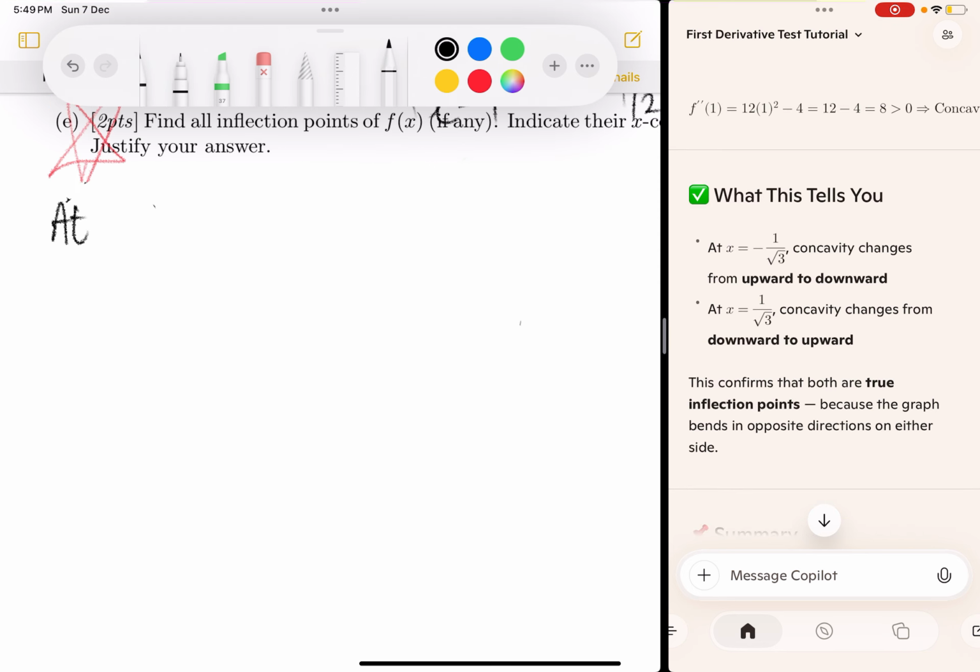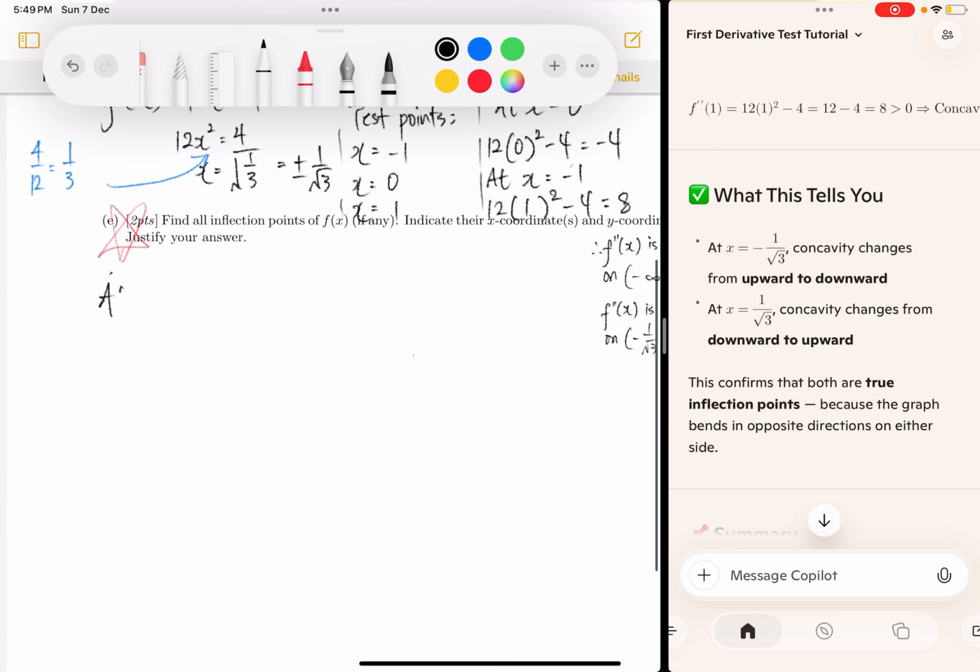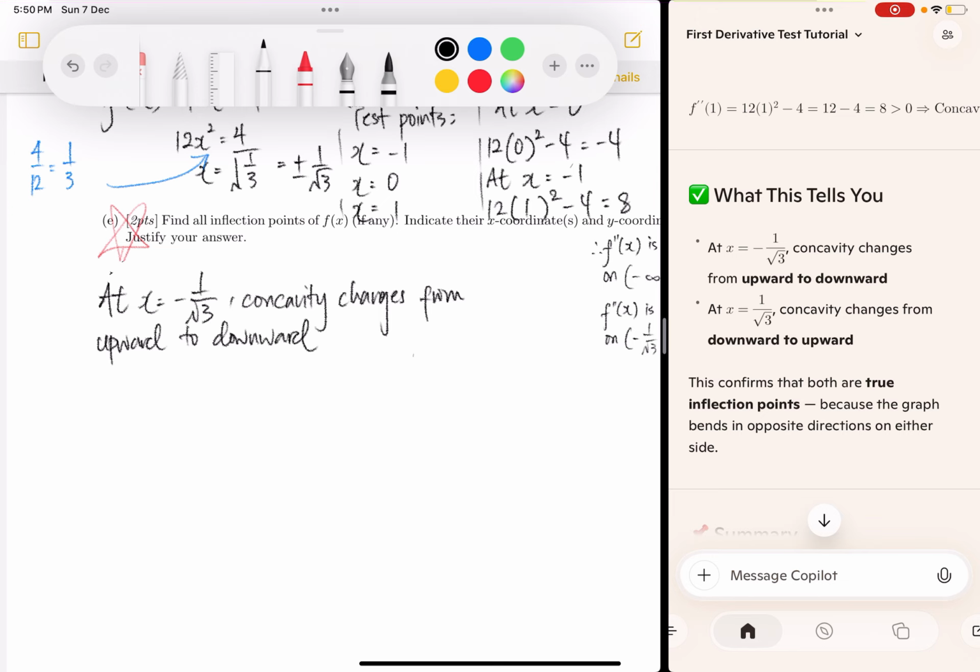At x equals negative 1 over square root of 3, concavity changes from upward to downward. And why is it only negative 1 over square root of 3?